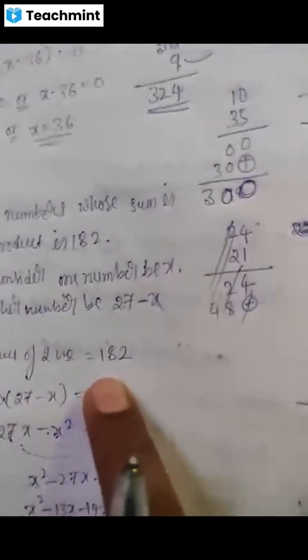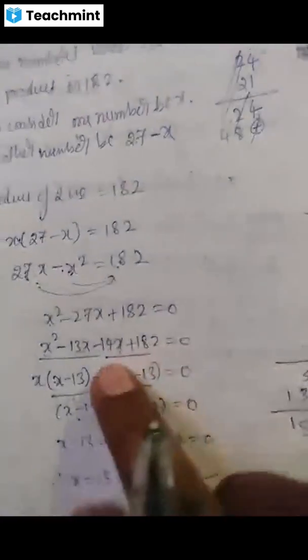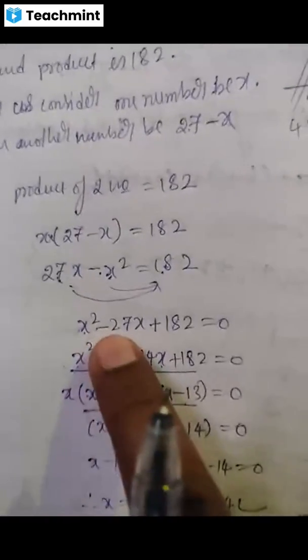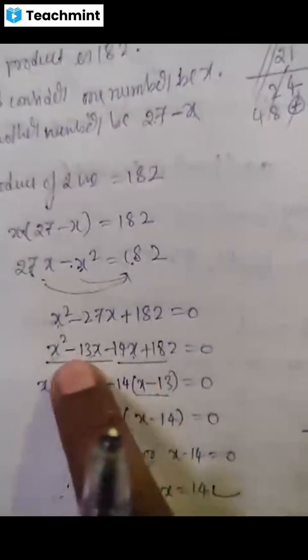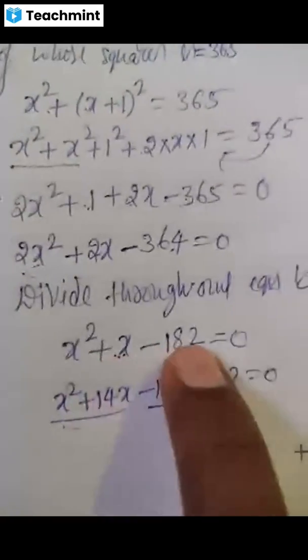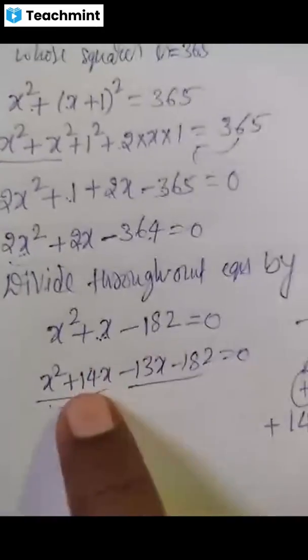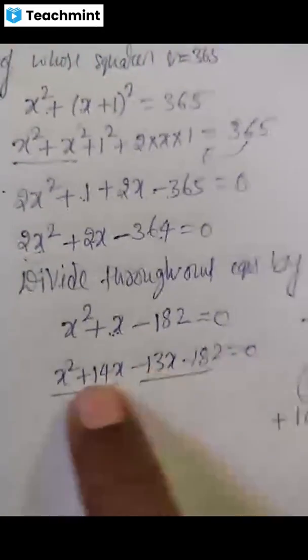See here, one example came here. In this example, x square minus 27x plus 182, the factors are the same but with the same sign. Here the equation is changed, the factors are the same with different sign.